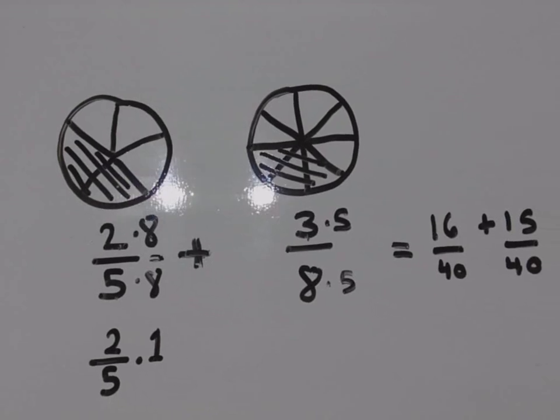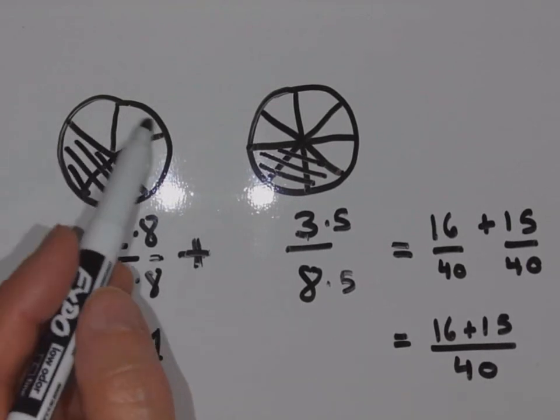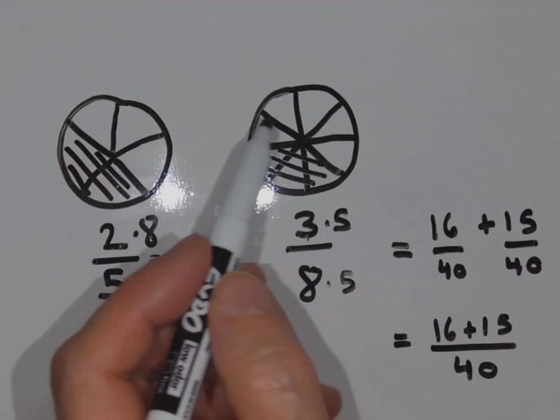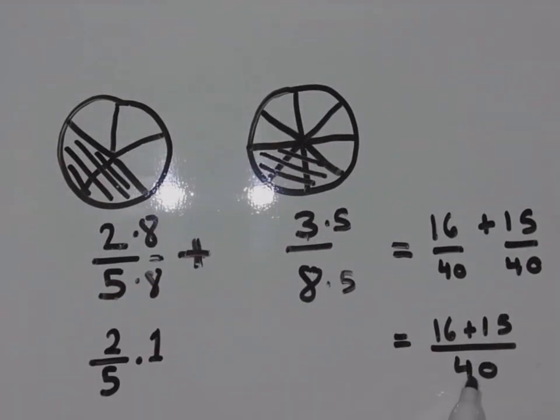So really, if I wanted to, I could rewrite that as 16 plus 15 all over 40, because now I know that I could take each pizza and cut it in 40 pieces, and then I would be able to compare how much pizza my husband and I ate together.